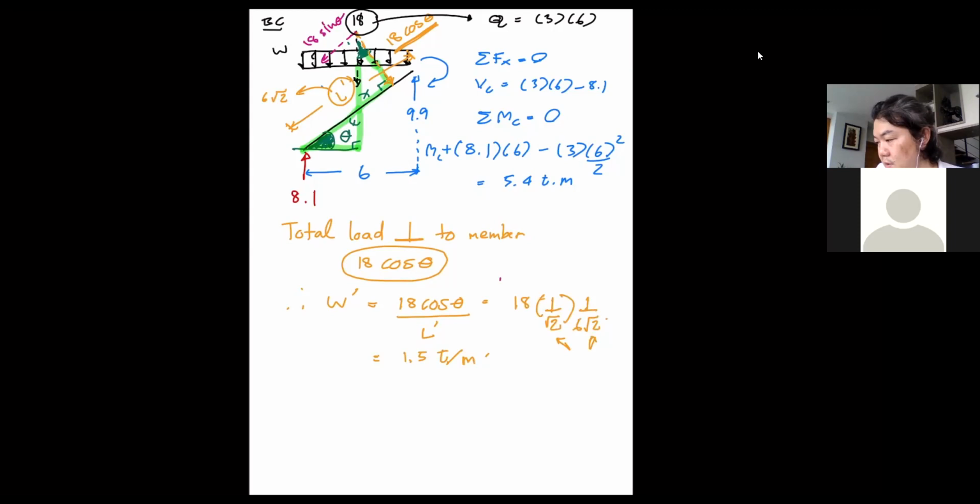Okay. Now let me do one more thing for you. Hope it helps. Let me recap this again. In the beginning, we can always calculate this, you know. You will have the equilibrium under this condition, right? It's the same load.